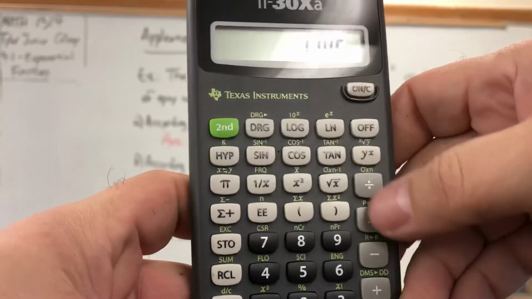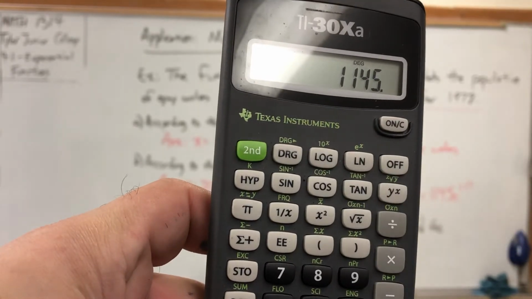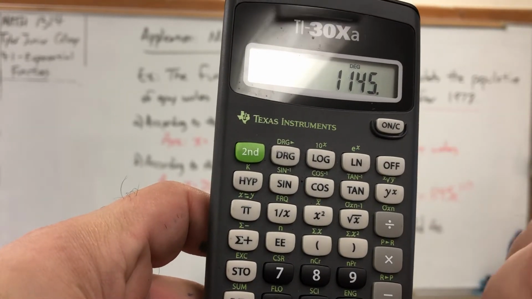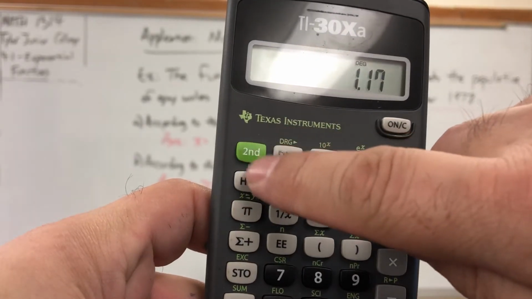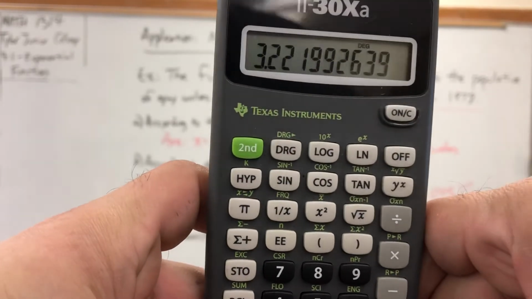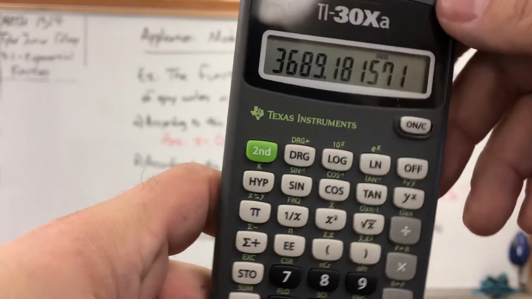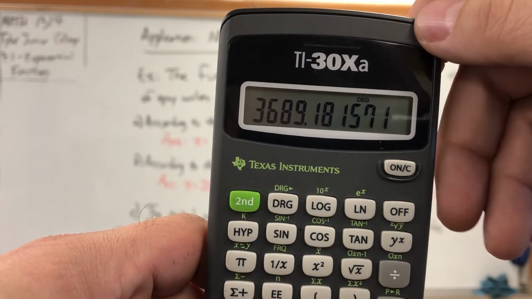So 1,145 times, now I'm not going to press the E button yet because in this calculator I have to put the power in first, and the power is 1.17. And then say I want you to put that number on a power as e, and then press equals to complete the multiplication. So it looks like it's that, but we're going to round it to the nearest whole number since we're counting wolves.